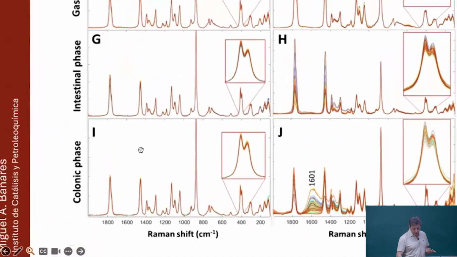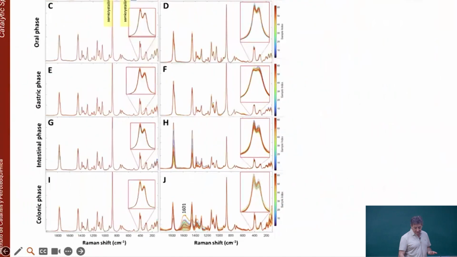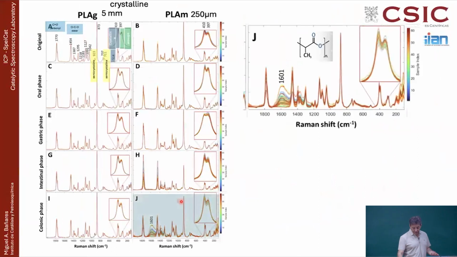And then when you go to the colonic phase, you not only see changes, like for instance these bands were more intense than that one, and now these bands are weaker than that one, so you really change many things in this polylactic acid, but you also get a build-up of some broad Raman bands at about 1600. This is telling you that there is some kind of carbon deposit or species growing on this plastic, something related to the physiology of our body.